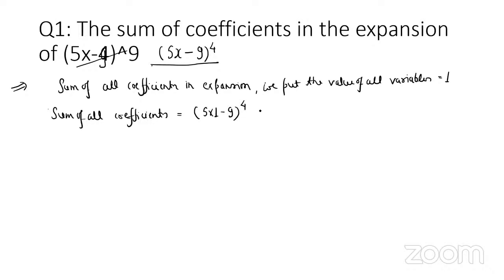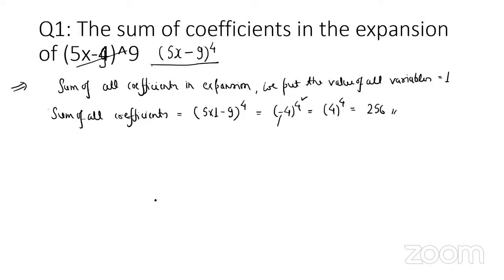The expression becomes minus 4 raised to the power 4. This is a negative number, but the power is even, so it is 4 raised to the power 4 as well, which is nothing but 256. So the final answer of this question is 256.